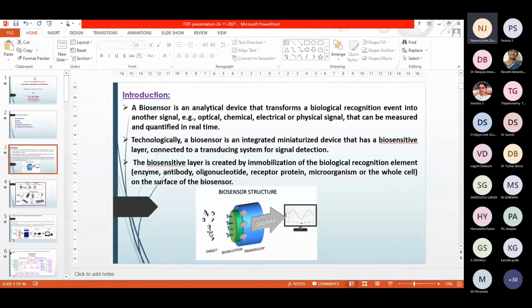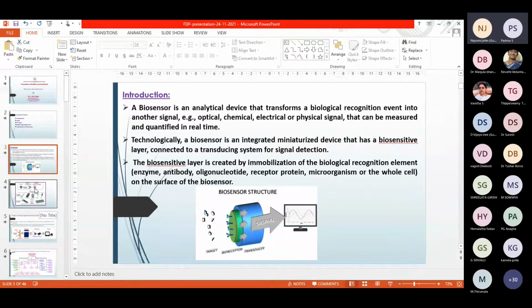The glucose will be recognized by the glucose oxidase that is immobilized on the surface of the bioreceptor, and the enzyme reaction will be transduced, converted into another signal, and will be visualized either in the form of a graphical representation or in the form of a digital display.